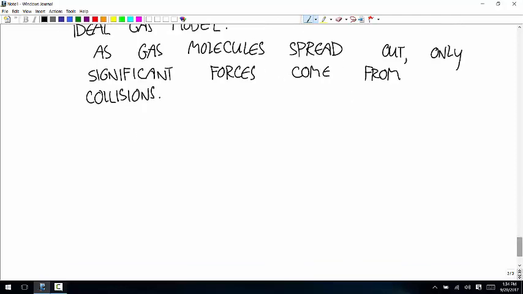Okay, so the ideal gas model is based on these three equations, and these are the ones I want you to remember. PV equals RT, and I'll tell you what this R means in a second, because this is based on mass. The internal energy only varies with temperature again.